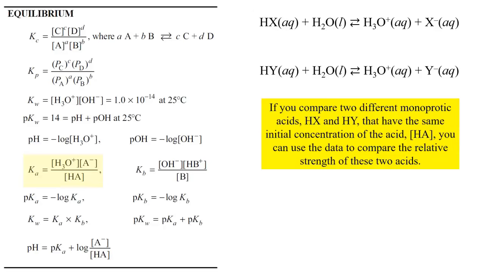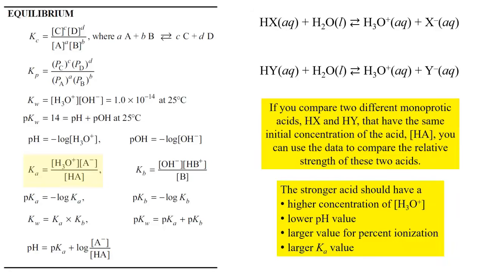So if you compare two different monoprotic acids, such as HX and HY, and if they have the same initial concentration of the acid, then you can use the data to compare the relative strength of these two acids. The stronger acid should have a higher concentration of the hydronium ion, a lower pH value, a larger value for the percent ionization, and a larger Ka value.